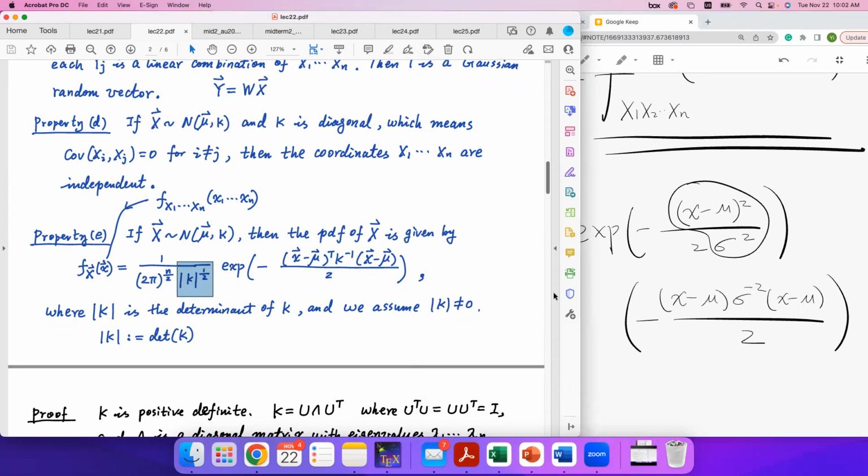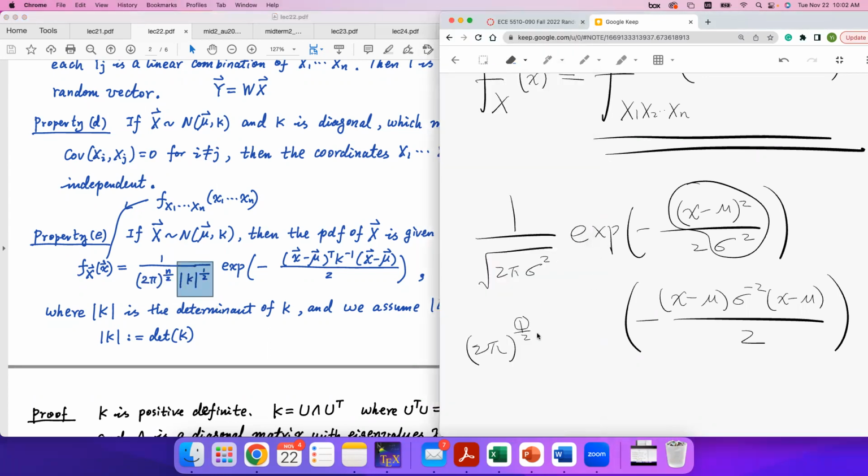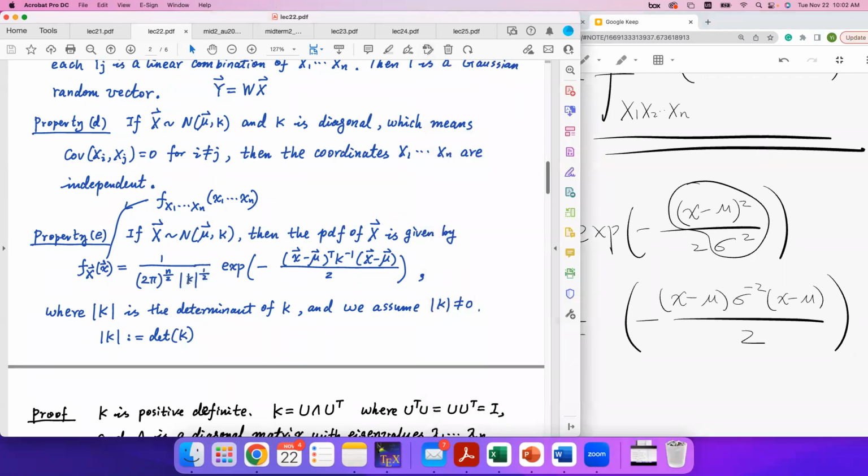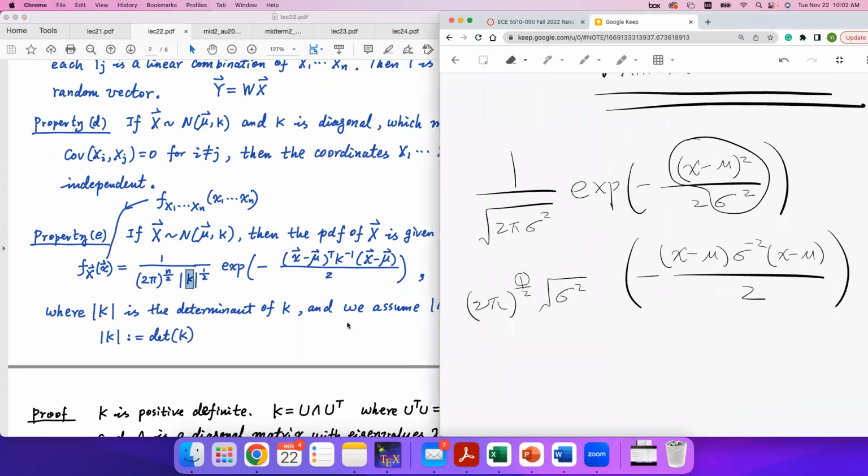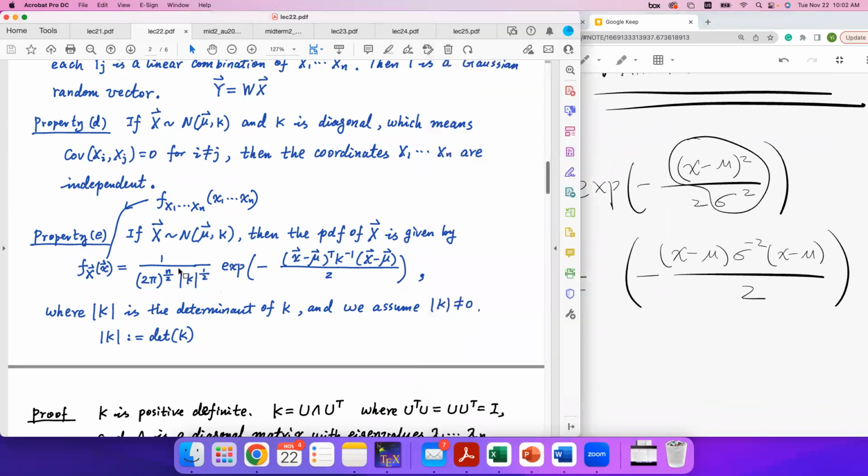And here is the square root of sigma squared, where sigma squared corresponds to this autocovariance matrix K. So we take the determinant of this matrix to the power of one half.